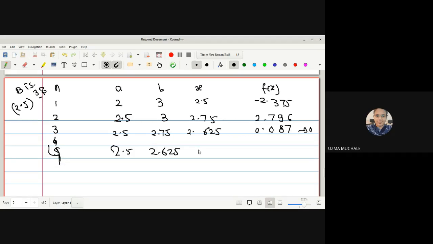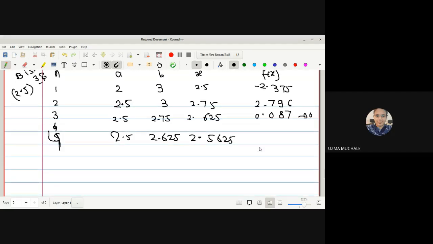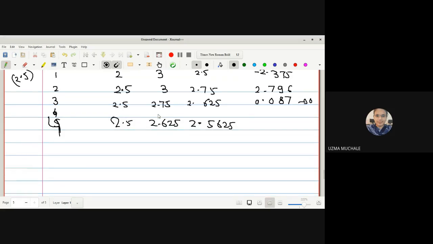Add them and we get the next point, that is 2.5625. In this way you can perform the iteration. F of 2.5625 is minus 1.173 something.